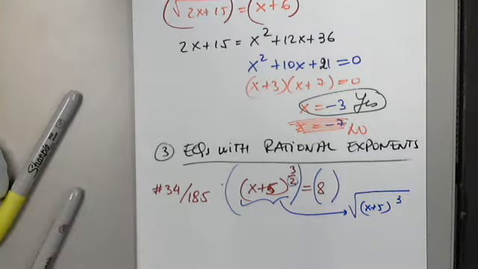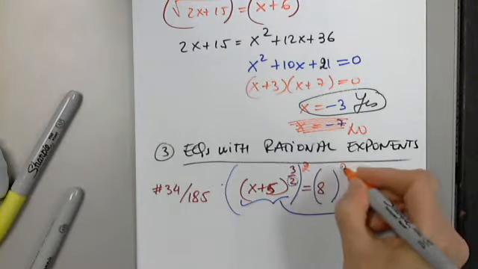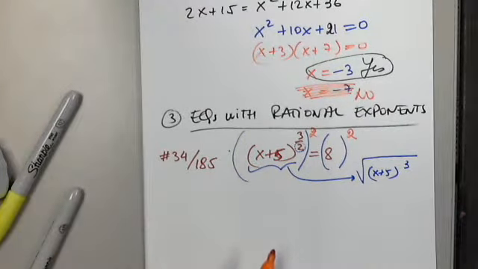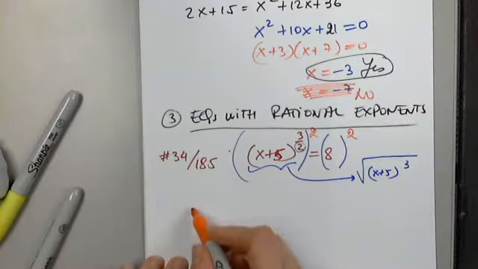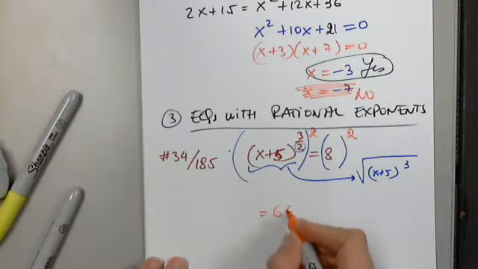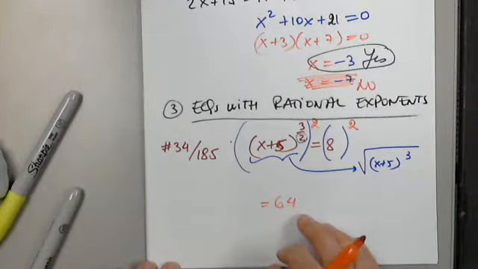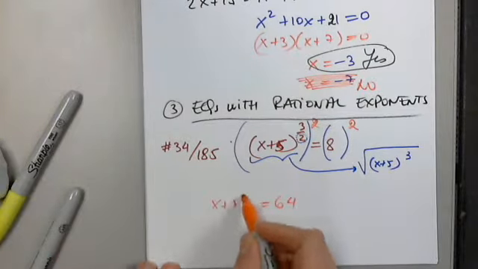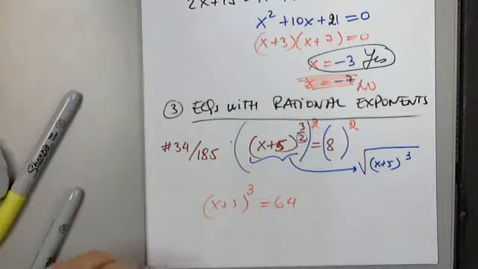So what do I raise both sides to eliminate power 1/2, basically? 2 indeed. Exactly what we just did. The left-hand side becomes, yes, right. The right-hand side is 64. The left-hand side becomes, very good.